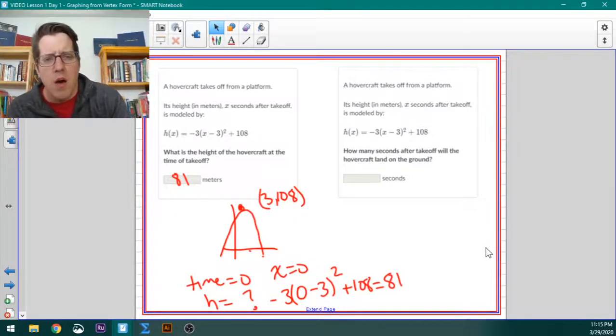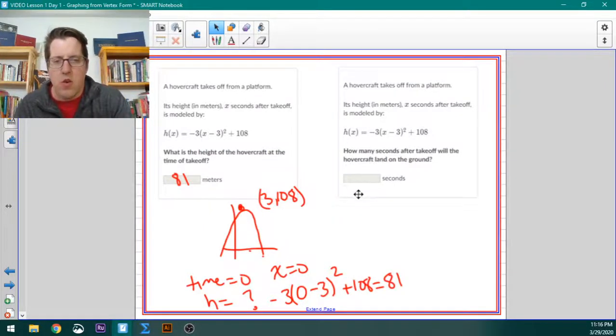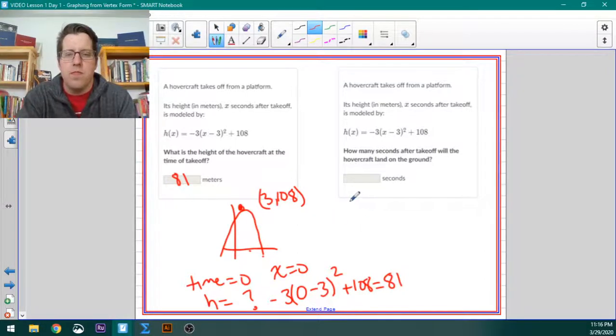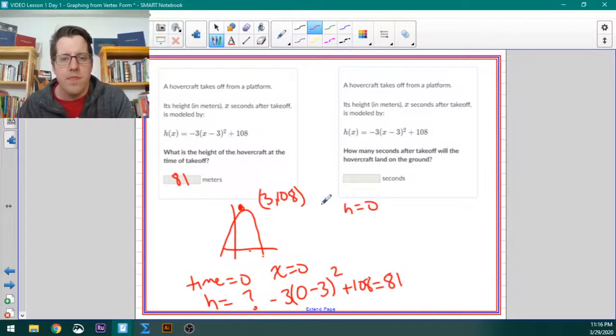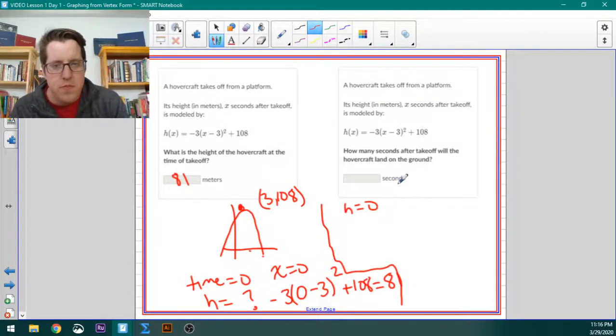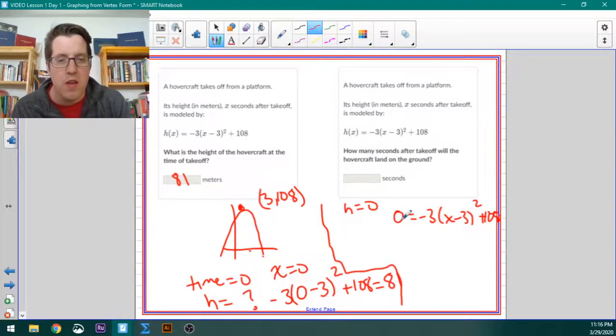Okay. How many seconds after takeoff will the hovercraft land on the ground? So I want to know, when is the height going to be 0? So I would say, well, 0 equals negative 3 times x minus 3 squared plus 108. Well, now this is just solving using the square root method that we learned last week.